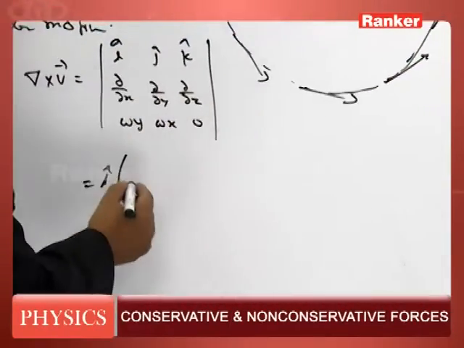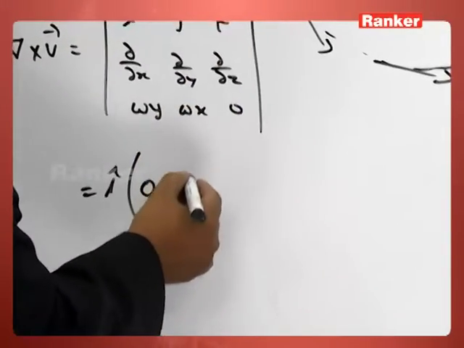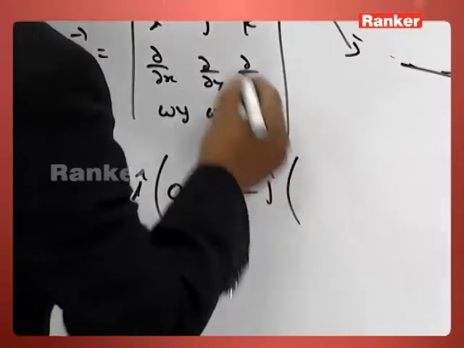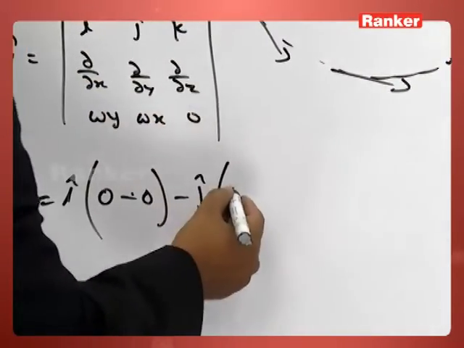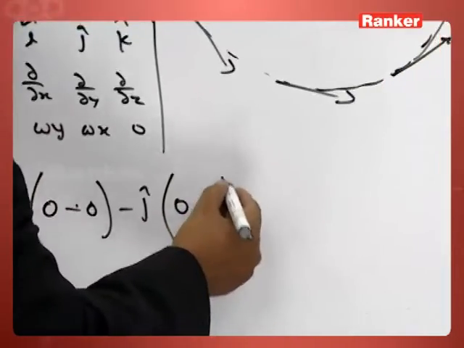It comes out to be i times dou by dou y of 0 minus dou by dou z of omega x, which is 0, minus j times dou by dou x of 0 minus dou by dou z of omega y, which is 0.